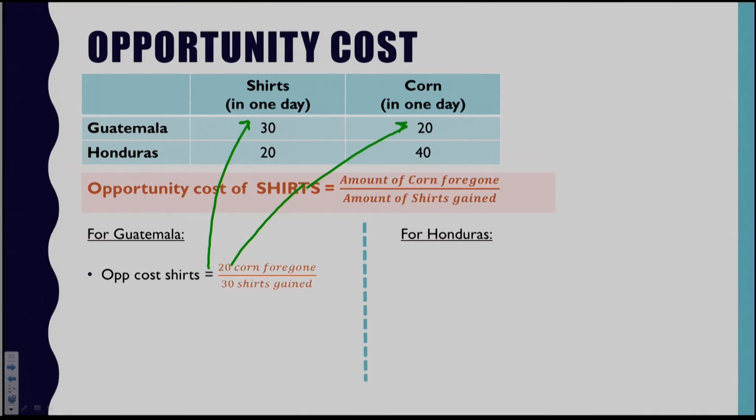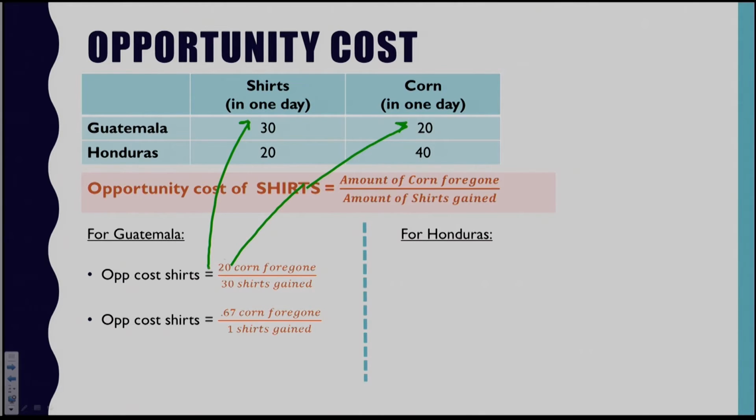Should they produce 20 corn or 30 shirts? If they want to produce the 30 shirts, they've got to give up 20 corn. But remember, we need to reduce this fraction so it has a 1 on the bottom. That's going to make it easier to compare, because ultimately we're going to have to compare between Guatemala and Honduras. So our opportunity cost of shirts for Guatemala, 0.67 corn foregone to gain 1 shirt.